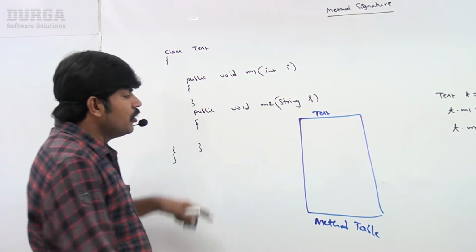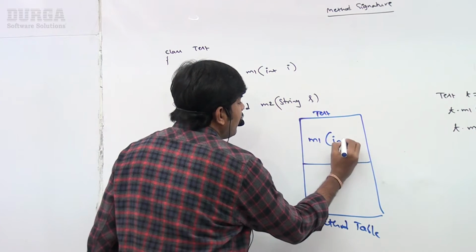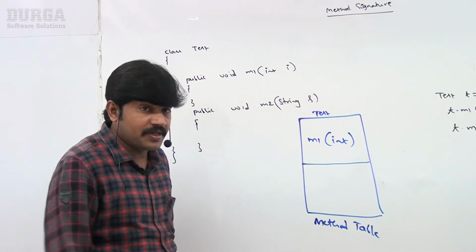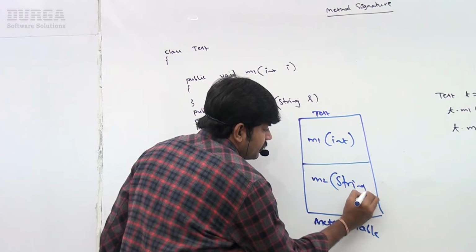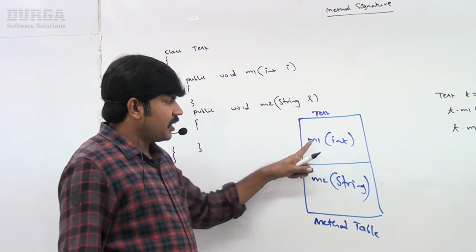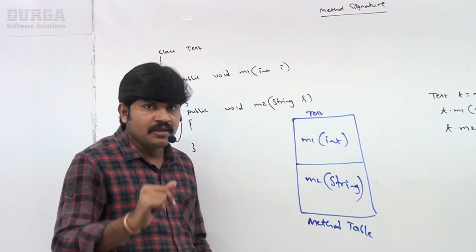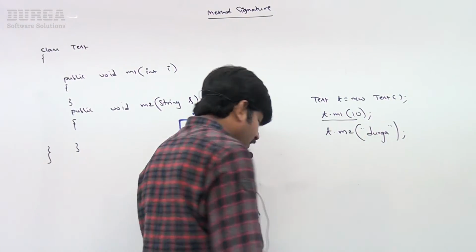Two methods. What is the signature of the first method? m1 of int. What is the signature of the second method? m2 of String. Method signature contains only the method name followed by argument types. Now observe that t.m1(10).